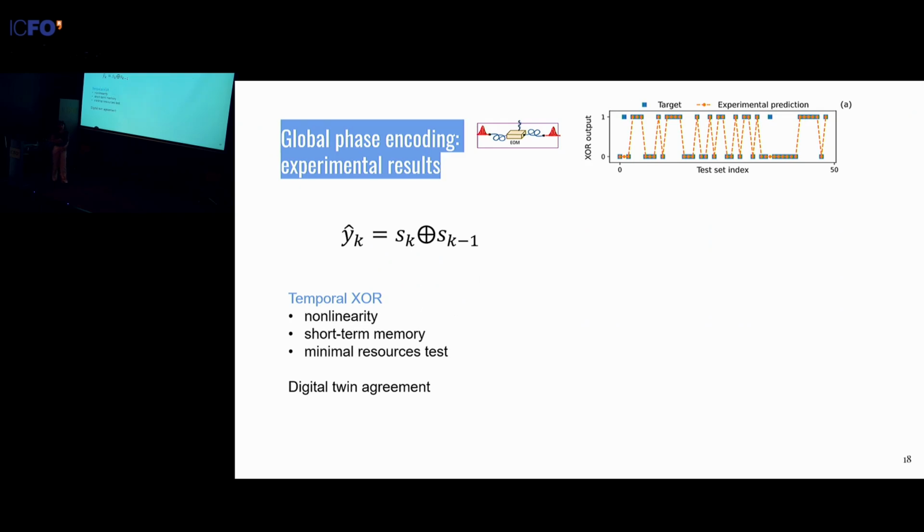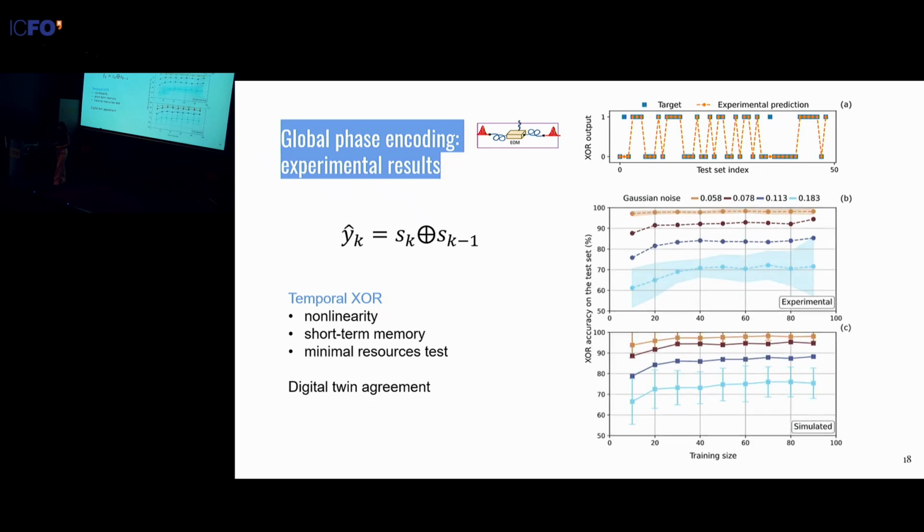So the first task that we tried is the temporal XOR, in which the system has to remember the step before and sum it to the current step. It's a task that requires a bit of nonlinearity and some short-term memory, and is a minimal task that you can do. These are the results that we obtained.